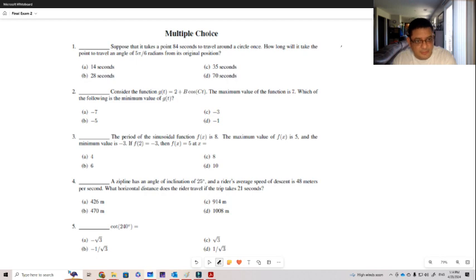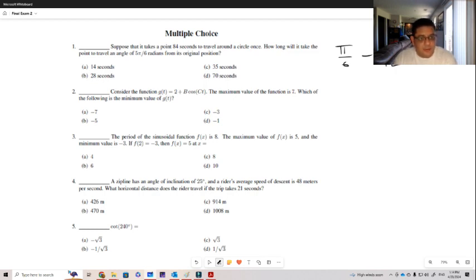Pi over 6 is technically 1/12 of the circle. Why? Because if you multiply it by 12, then 12 pi over 6 is 2 pi, which is the entire circle. So pi over 6 is 1/12 of a circle.